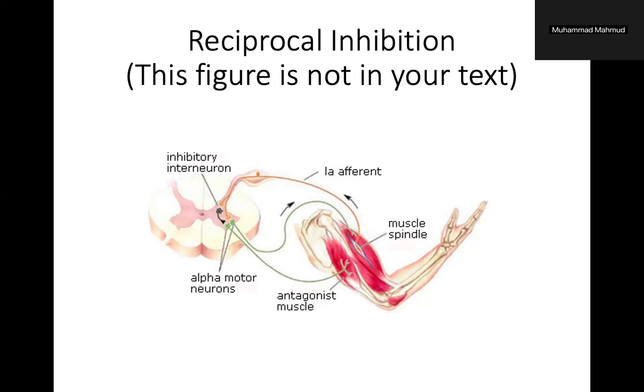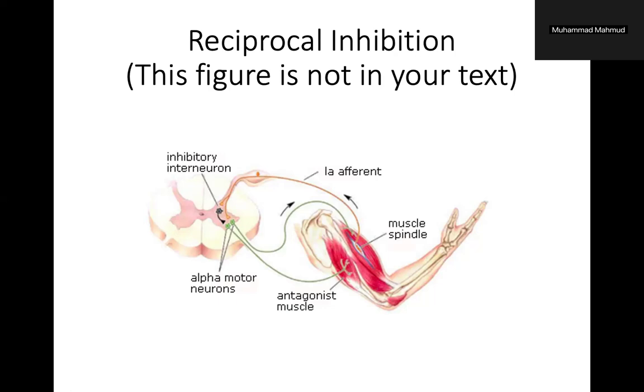Think about it. On one side, you have biceps in your arm. On the other side, you have triceps. So if the biceps is contracting, triceps should be relaxing. Because if they don't, there'll be a problem. That is called reciprocal inhibition.